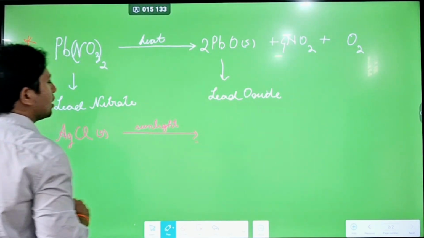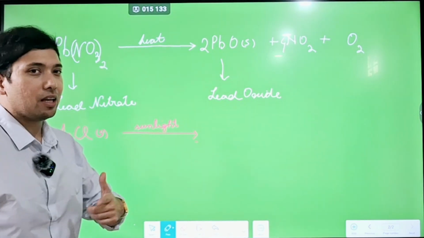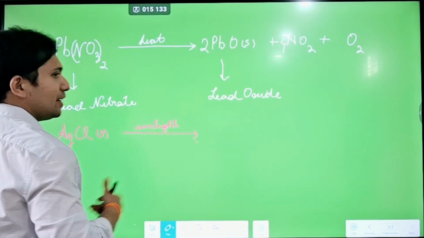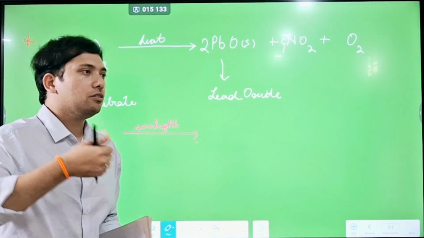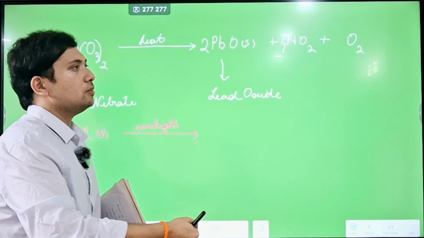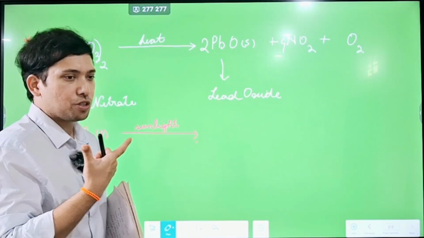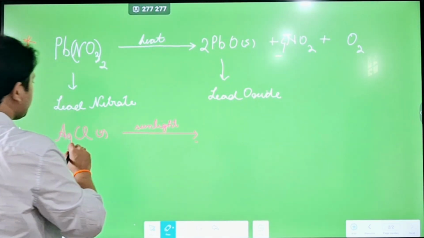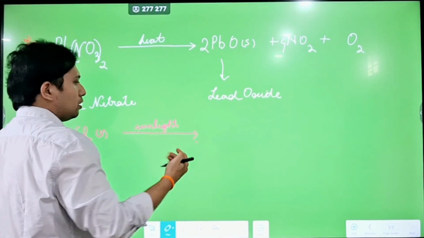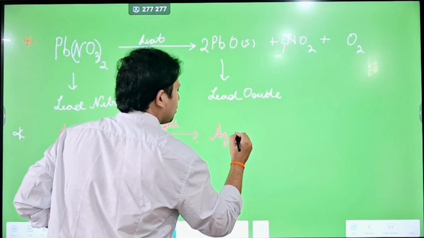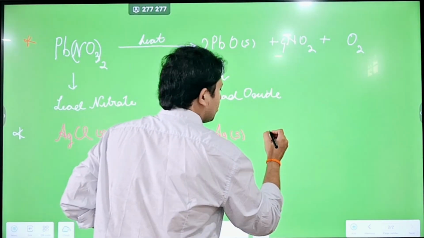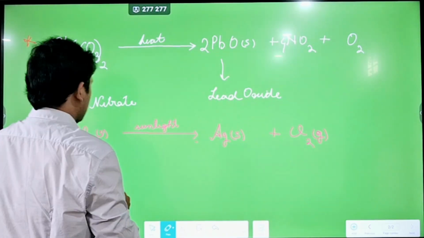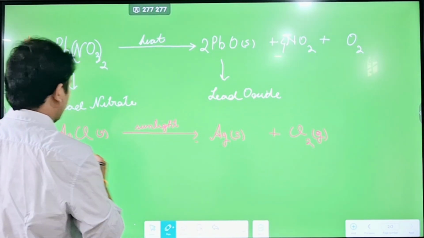In the earlier reactions we saw the reaction proceed with the help of heat as a catalyst, but now we have sunlight as the catalyst. A catalyst is a substance which makes the reaction go faster and promotes the happening of the reaction. I will explain the details later. AgCl will break down to form Ag, simple silver, and chlorine gas; this is a gas.